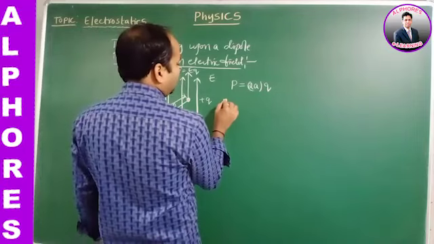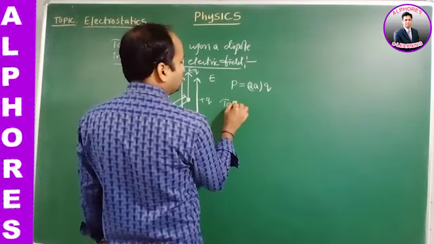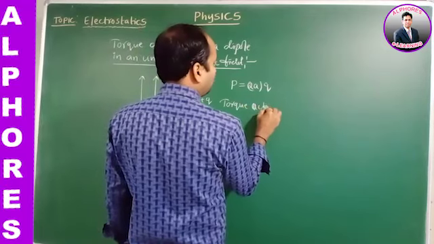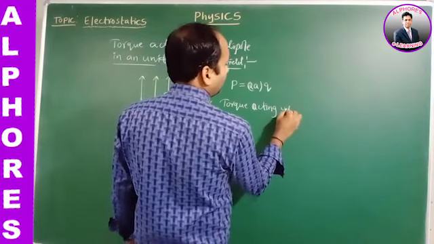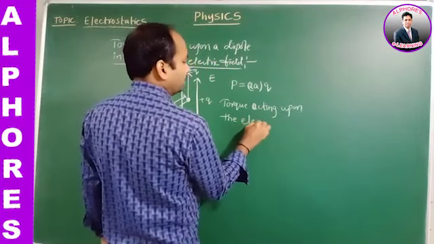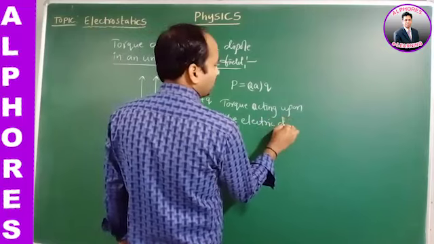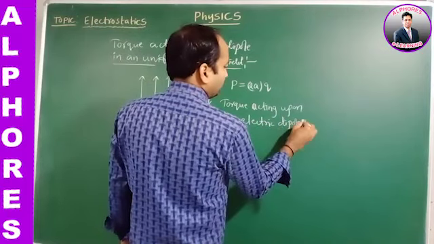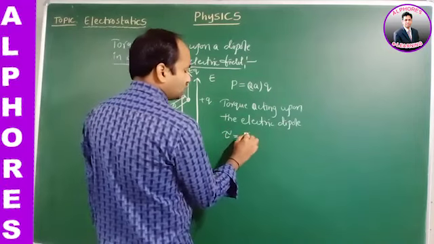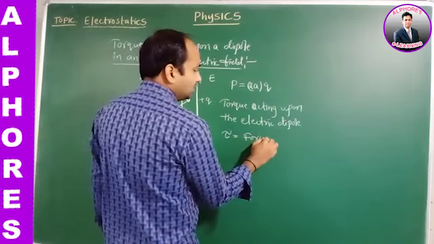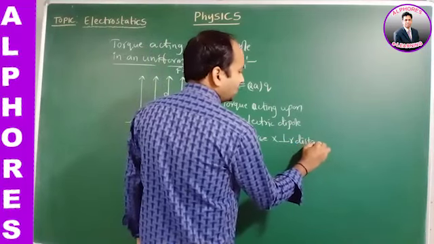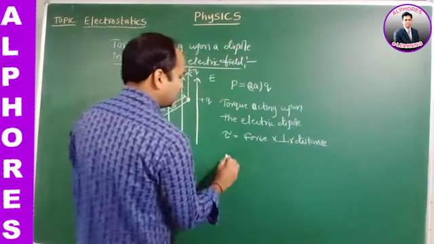So what is the torque acting upon the dipole? We know that torque tau is equal to the magnitude of the force times the perpendicular distance.